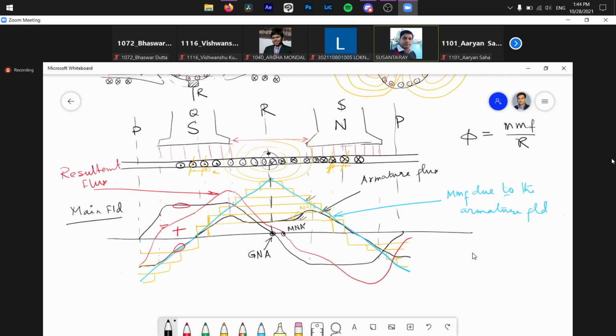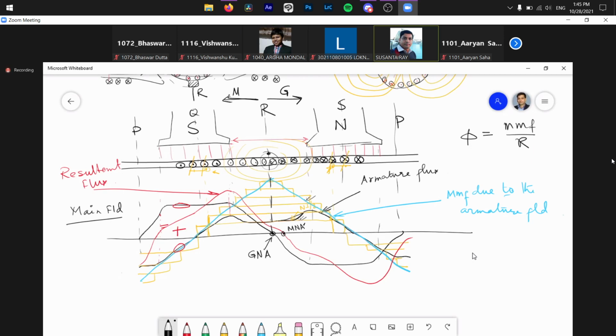Okay. Can you tell me in this linear figure, which is the direction of generator and which is the direction of motor? Sir, the direction of motor will be on the left side and the direction of generator on the right side. Correct. Okay.